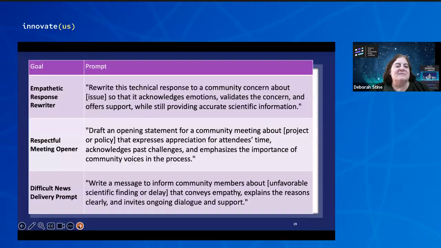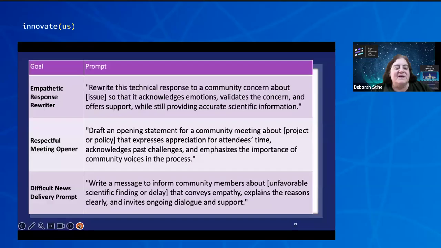So some AI tools you can use here: have an empathetic response rewriter. Again, take what you have written and ask it to make it more empathetic, to make sure that you acknowledge the emotions while still providing the accurate information.